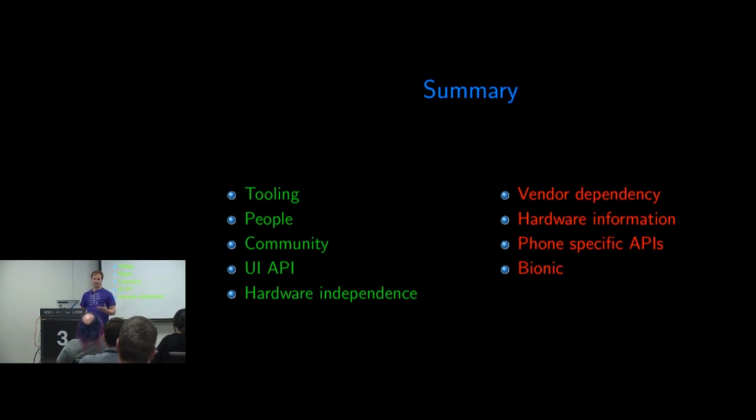The APIs are very phone specific. So again, custom hardware, other use cases than phones, you might need to work around Android again. And you might have gathered that I'm not a big fan of Bionic during this speech, so yeah.